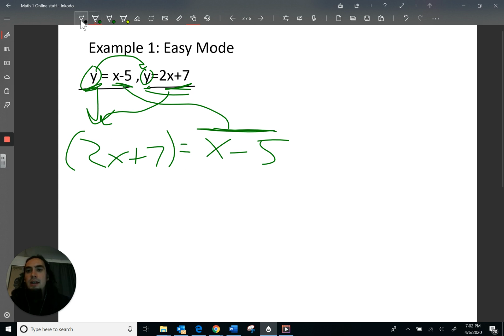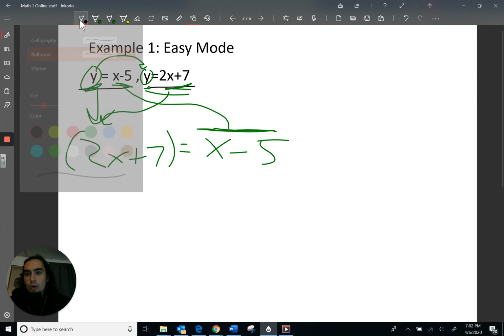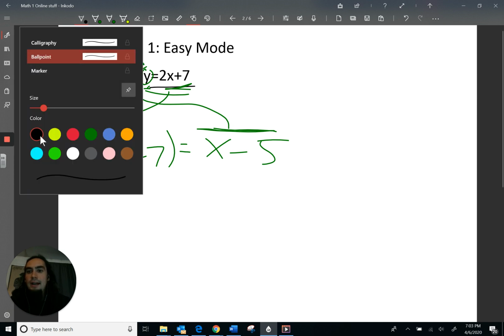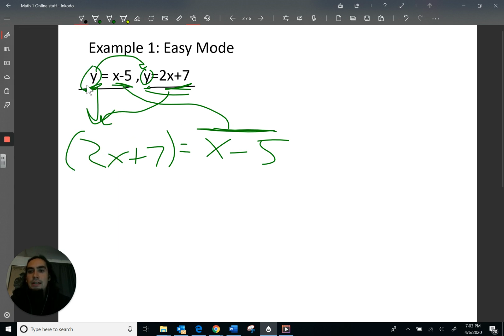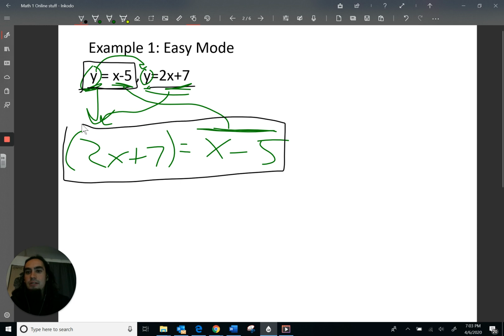So you can see that what I started with was y equals x minus 5, and what I have is still y equals x minus 5. It's just that my y value has been replaced with what y is. I know I'm drawing a lot here, sorry.